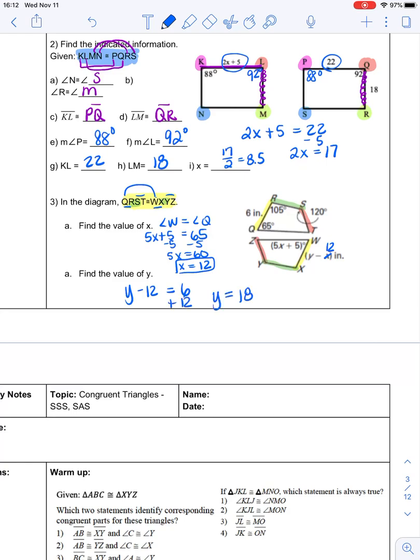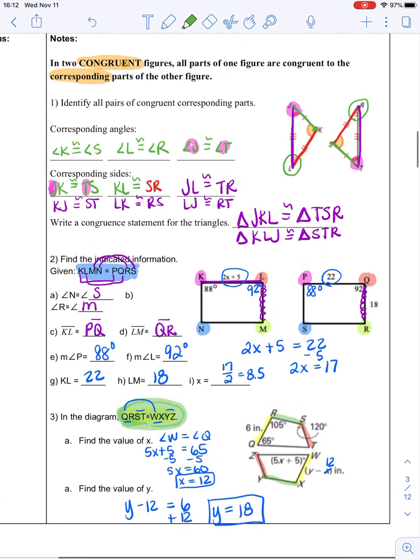So I add 12 to both sides, and I get that y is 18. So x is 12 and y is 18. And you set that up by looking at your congruent statements and then deciding which pieces match up based on your congruent statements. Sometimes you can match them up by your congruent statements, and sometimes you match them up by the mark.